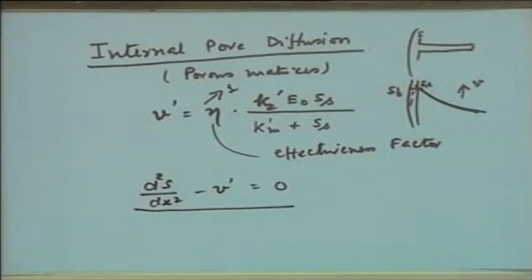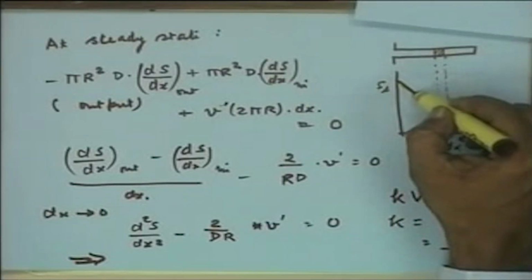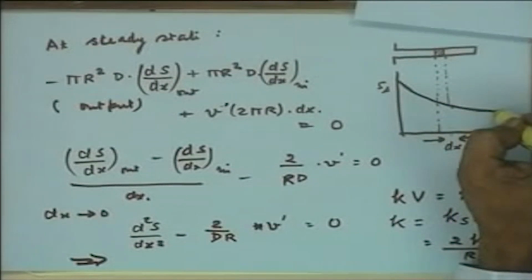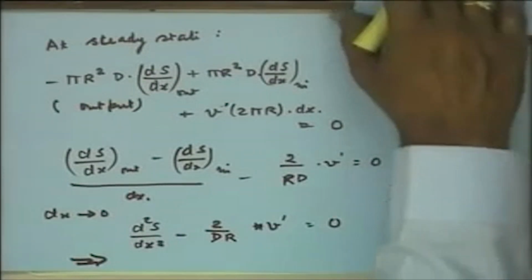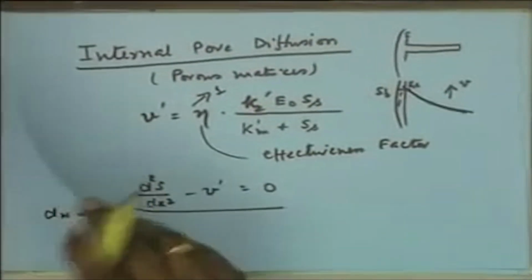Of course Michaelis-Menten kinetics will require a numerical solution, as an analytical solution may be difficult, and you can get the substrate concentration as a function of the distance x from the surface. Basically, a solution of this will give you the substrate concentration profile in the pore, or inside the particle.